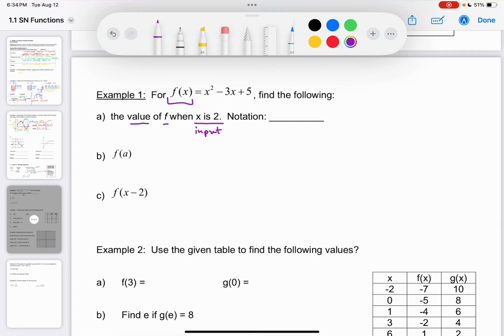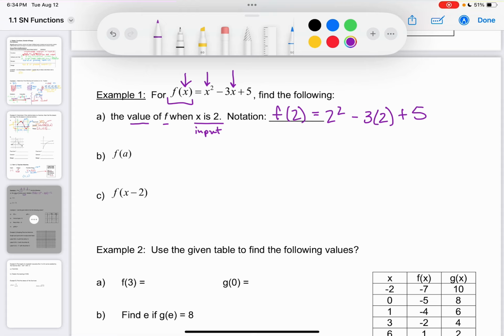When our input is 2. So what that means is everywhere there's an x, even here when you're writing it, you're going to put in a 2. So we would say the function with an input of 2 equals 2 squared minus 3 times 2 plus 5.